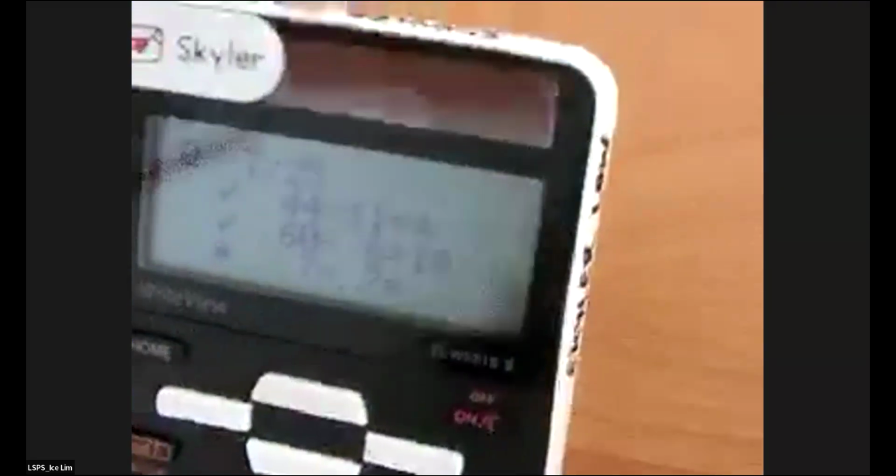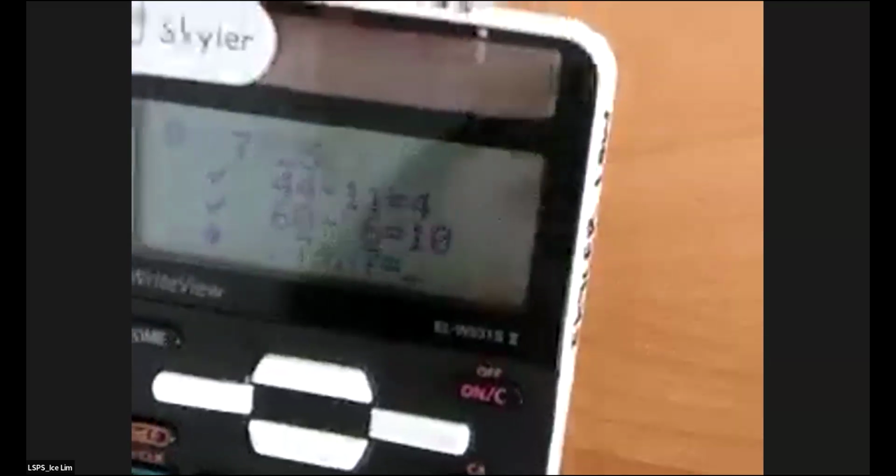I'm not so sure about our school's model, whether you can do that. Next week, we'll have a lesson solely on calculator skills, and we can see more tricks that we can try out. I think it's relevant what he's sharing because we're talking about practicing our times table.